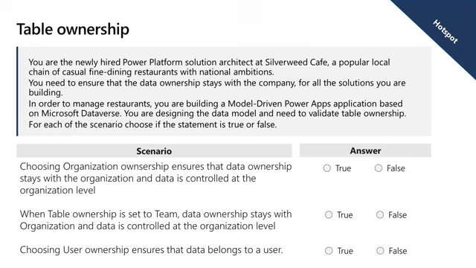When the table ownership is set to team, data ownership stays with the organization and data is controlled at the organization level. True or false? I think it's false. Choosing user ownership ensures that data belongs to a user. And here, that will be true. So you have to select which answer is right for each scenario.